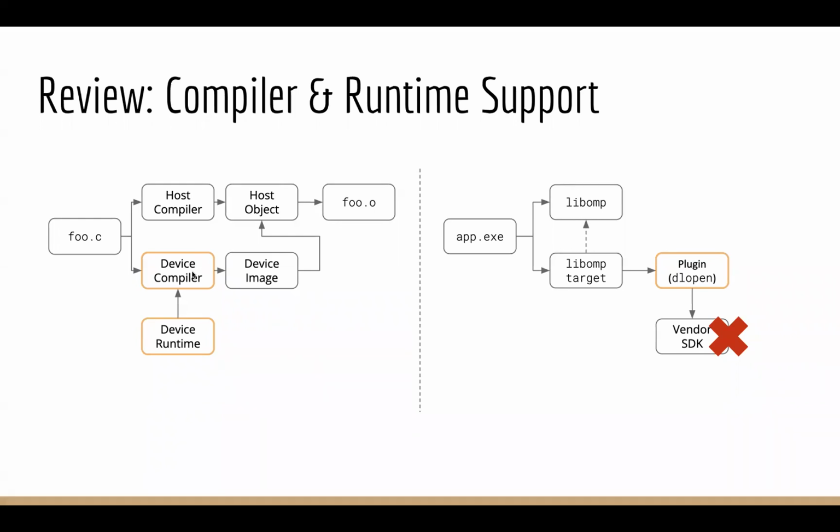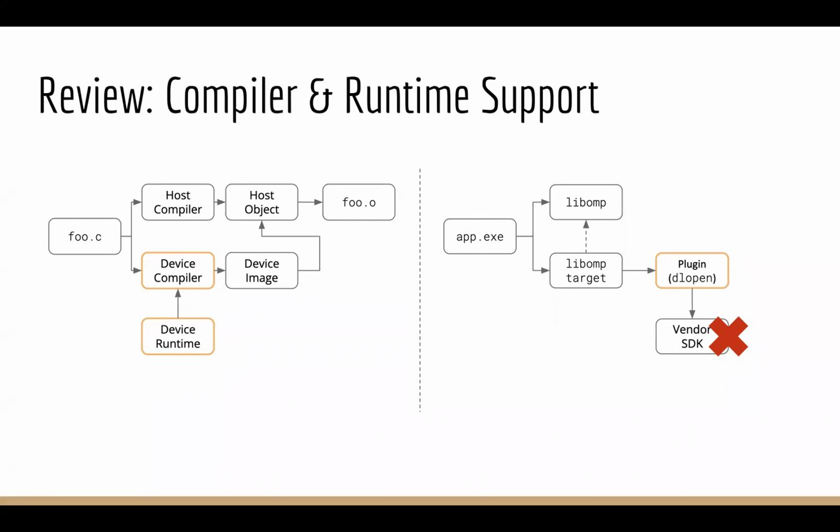As part of that, a device runtime library is linked into the user's code. Once we get the device image, it is embedded into the host object to get the fat binary. At runtime, the program depends on libomp and libomptarget, and we have plugins, and those plugins directly call the vendor SDKs.